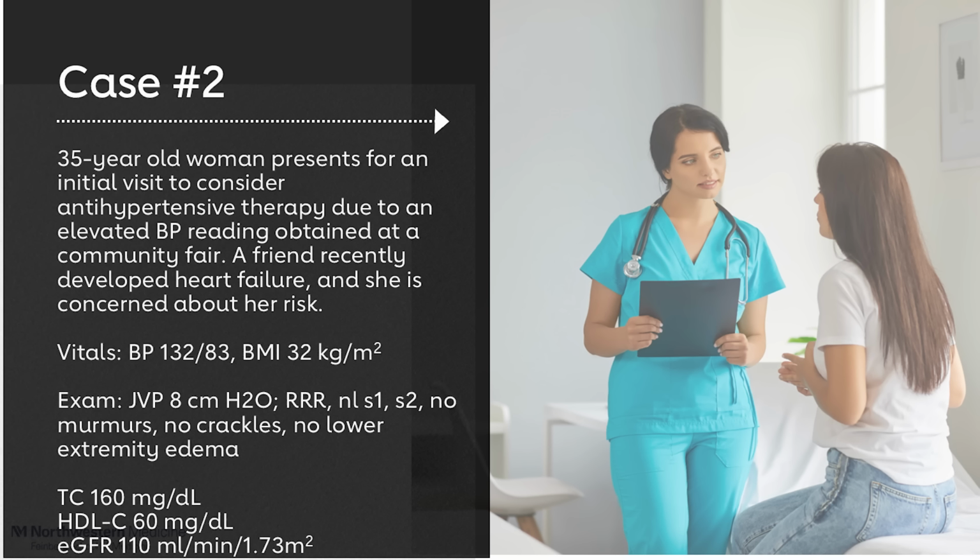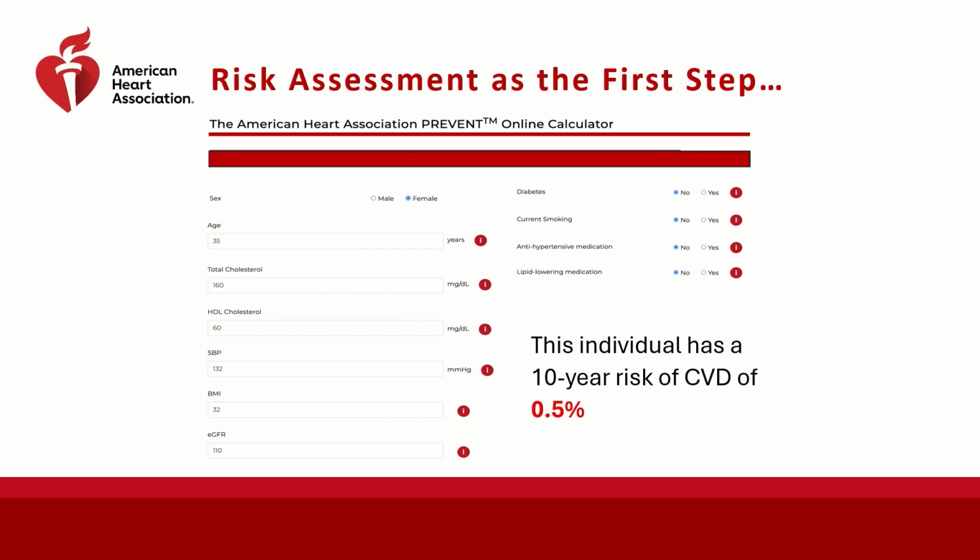When we take a look at the lab values here, the total cholesterol is 160, HDL cholesterol is 60, and kidney function is normal with an eGFR of 110. When we plug in risk assessment as the first step for this patient, we have stage 1 hypertension in a young patient, and the absolute 10-year risk of CVD is 0.5%.